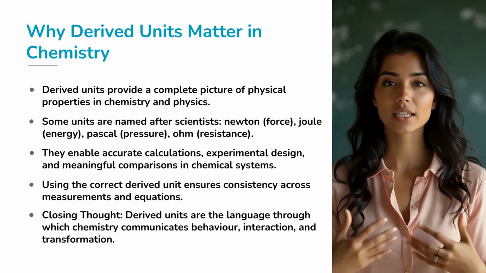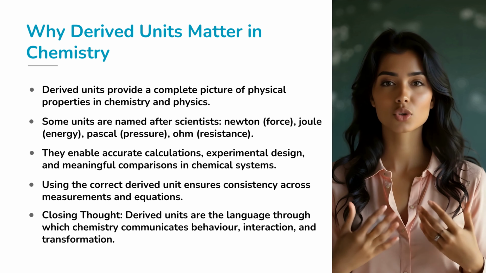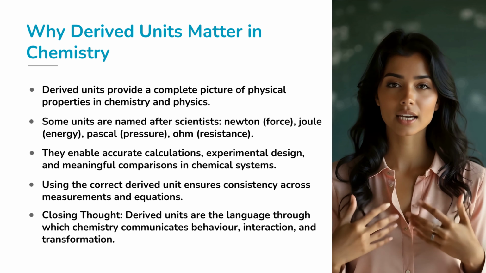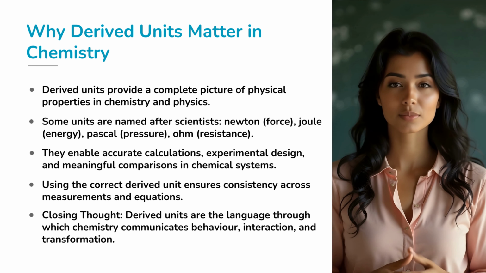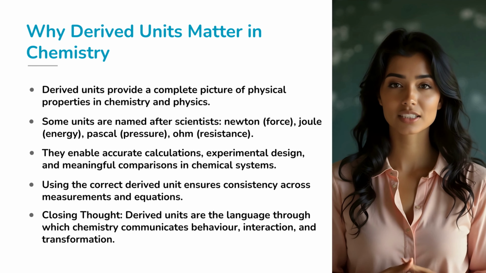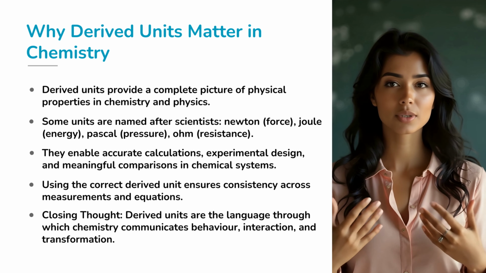And many of them are named in honor of pioneering scientists like Newton for force, Joule for energy, and Ohm for resistance. When you see an equation or a data sheet, these units tell you exactly what's being measured and how. They make formulas work, experiments consistent, and global communication in science possible.